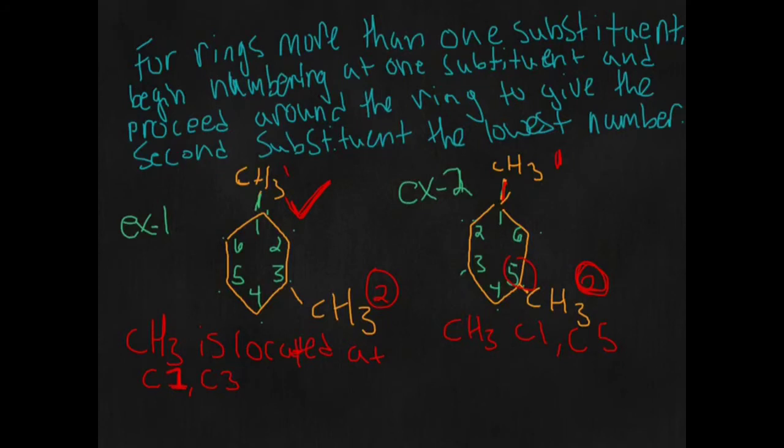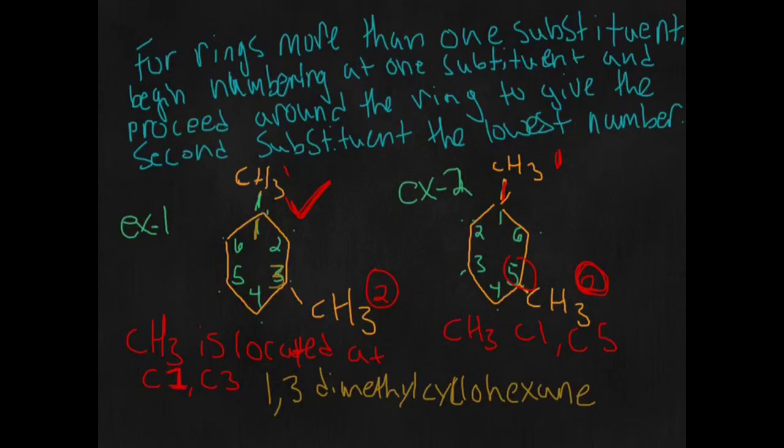The correct written formula for this one is 1,3-dimethylcyclohexane. The reason we have the 1 and the 3 is because the CH3s are located at position 1 and position 3.